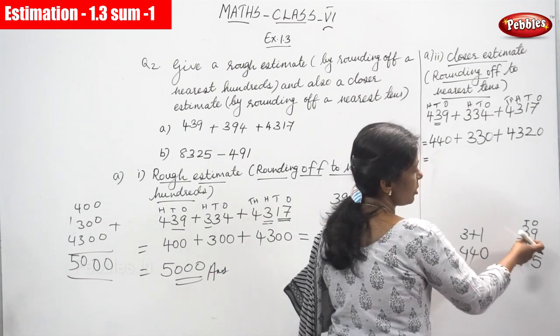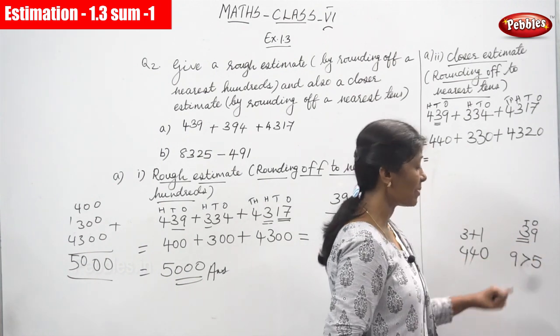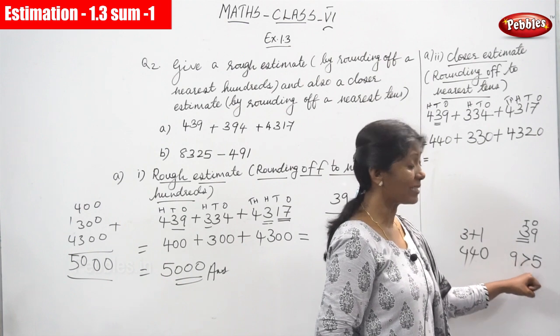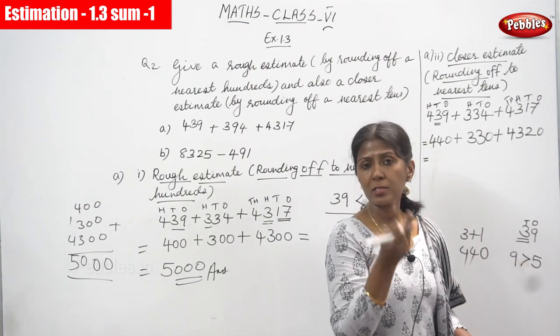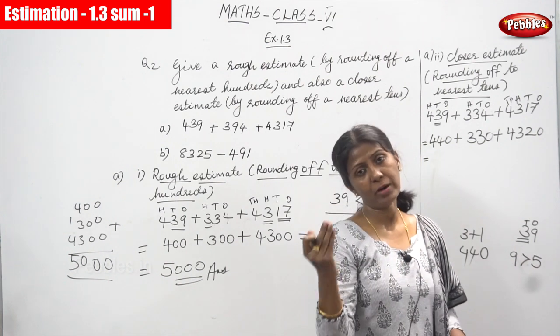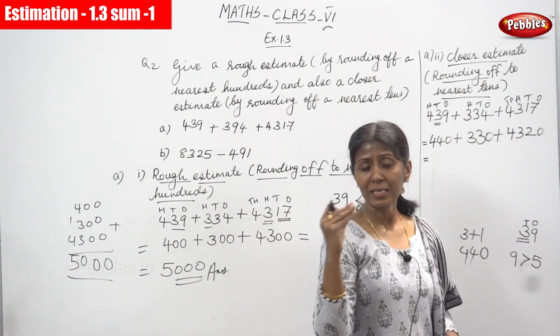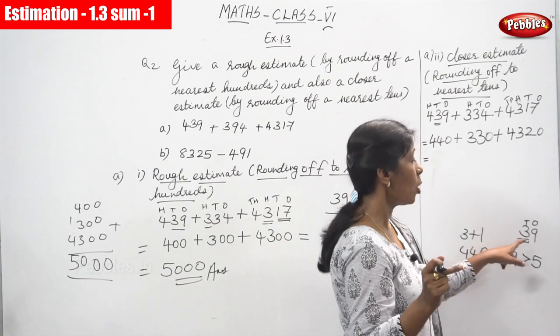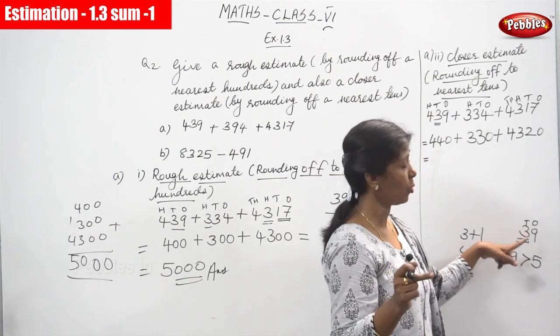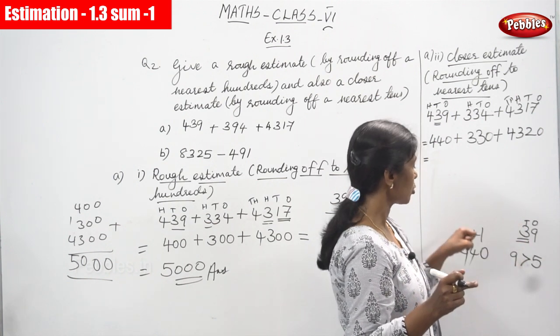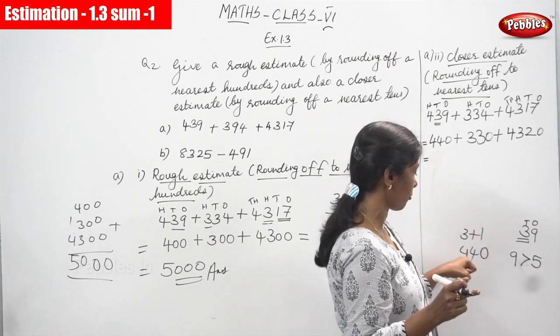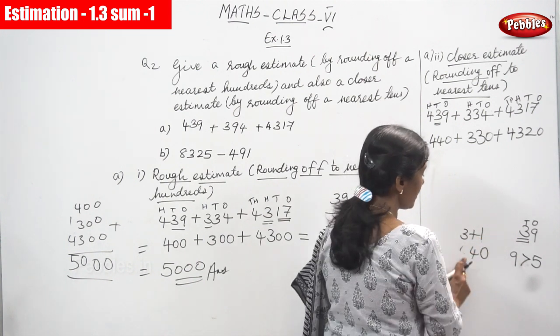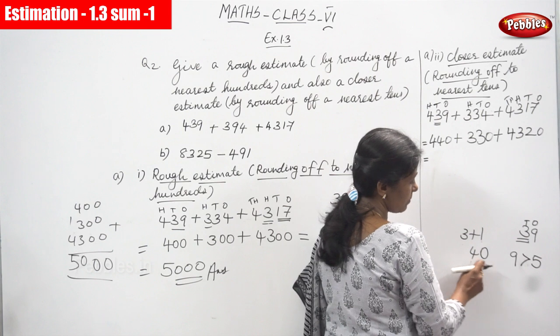So what is the number in the ones place value? 9. 9 is greater than 5. That means what is the rule? 5 and above. If 5 or above comes, you have to add 1 with the tens place value. So 3 plus 1 becomes 4.